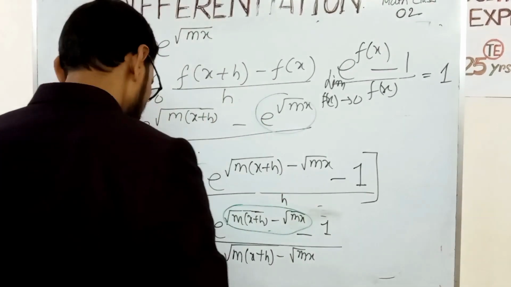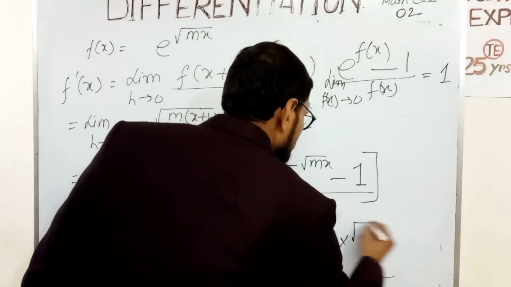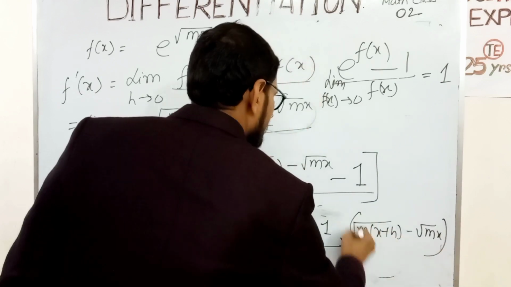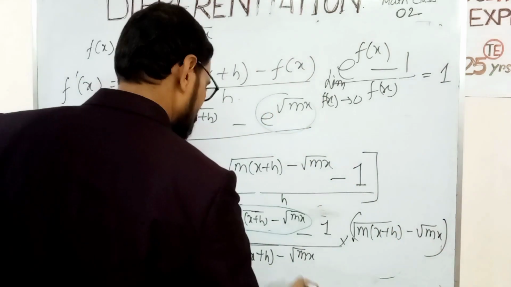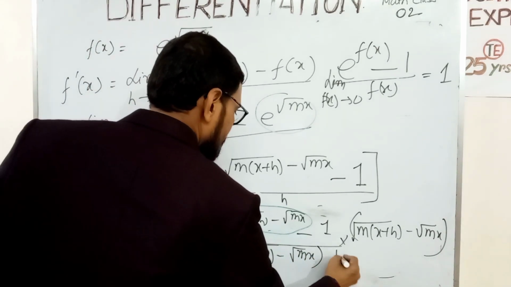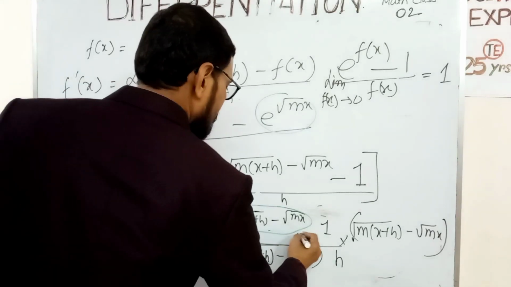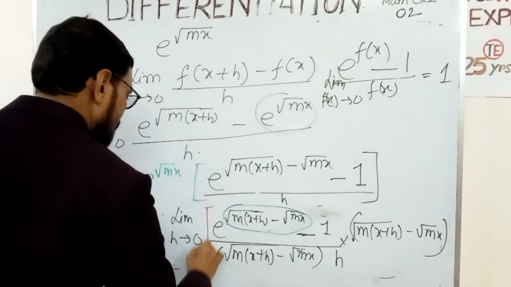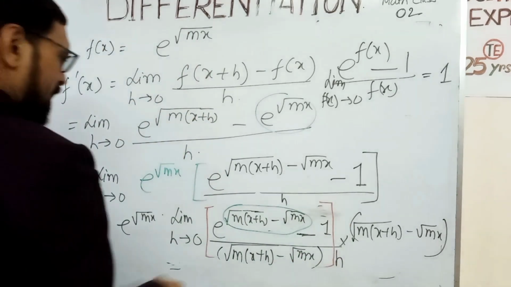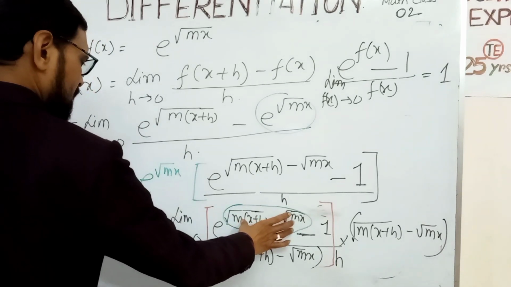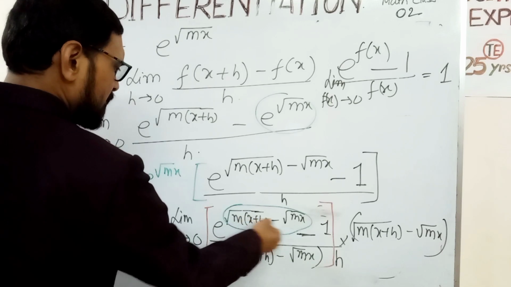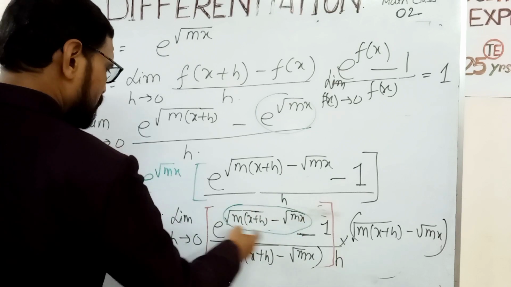Now also we have to adjust this term here, and also one term h. If h tends to 0, then this becomes 0. Put h equal to 0, then mx minus mx will be 0, so this term will be 0.